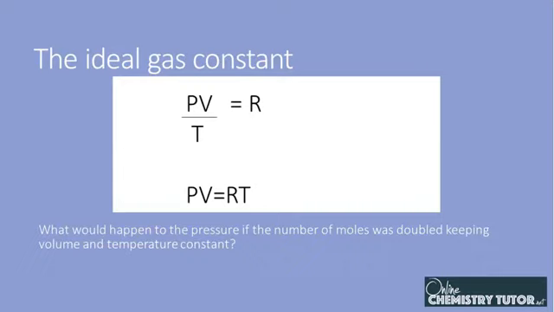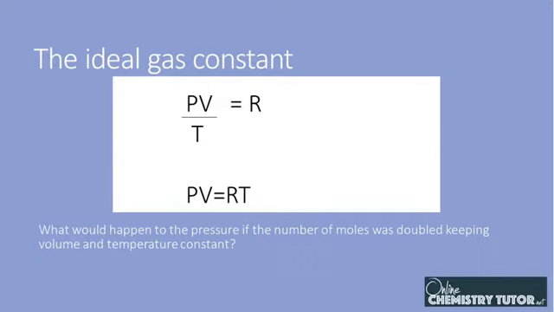We can then ask ourselves this question. If we increase the number of moles, in fact, if we doubled the number of moles, but we kept the volume of the container the same, we kept the temperature of the container the same, so the particles have to travel the same distance to reach the outside of the container, and they're traveling at the same speed, what would happen to the pressure?